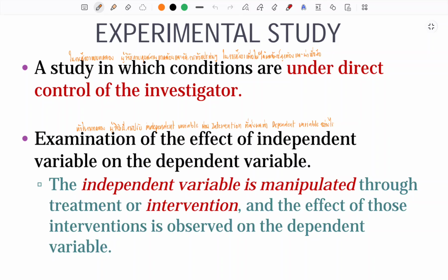Because the researcher controls the intervention, we sometimes say we manipulate it, and we observe by measuring the dependent variables. So in your friend's example, she measured a lot of dependent variables based on the ICF model.